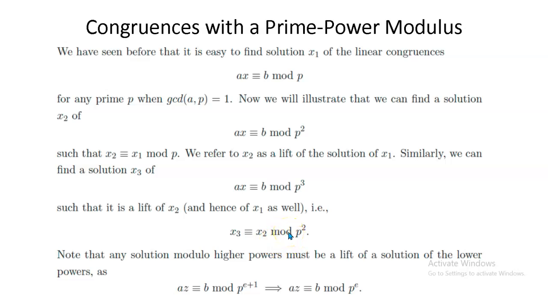Any solution modulo a higher power of p is called a lift of the solution modulo the lower power. Here x3 is a lift of x2 and hence of x1 as well.